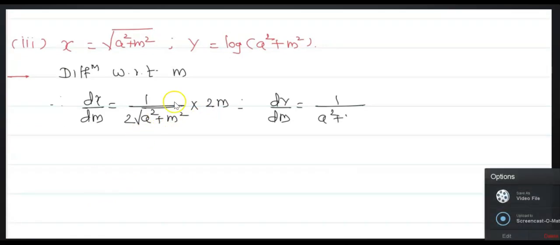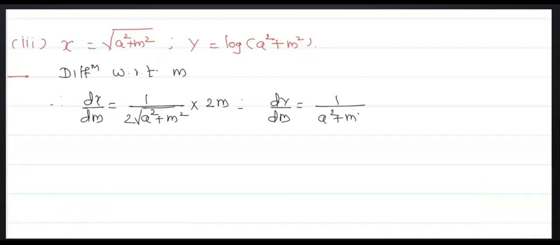And dy/dm is 1 upon a square plus m square into the derivative of a square plus m square, where the derivative of a square is 0 and m square is 2m.